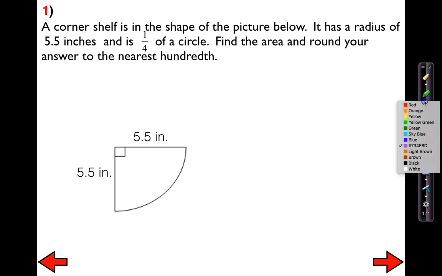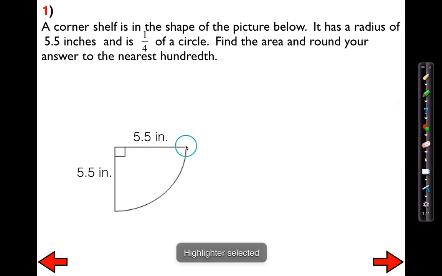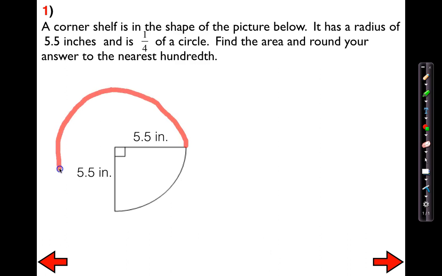So, what I'm going to do real quick is draw this figure for you so you can kind of visualize it. If you were to draw a circle, pretend it's perfect. I know it's not. Hopefully you can recognize that the bookshelf is exactly 1/4 of a circle. In fact, it was even stated in the instructions right here.